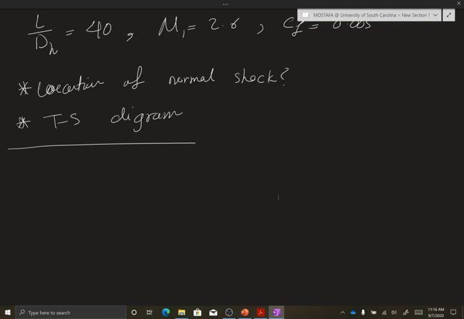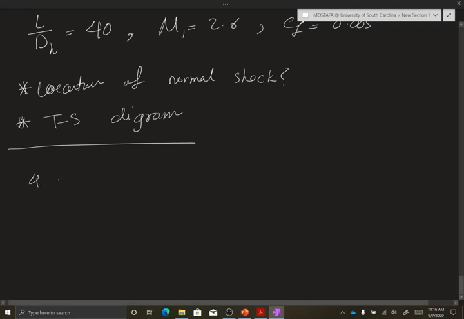Okay, but we don't have the L. So we essentially have to work with the ratio of this. So we are going to find this L1 star over the hydraulic diameter. So we are going to work with the length to diameter ratios in general.